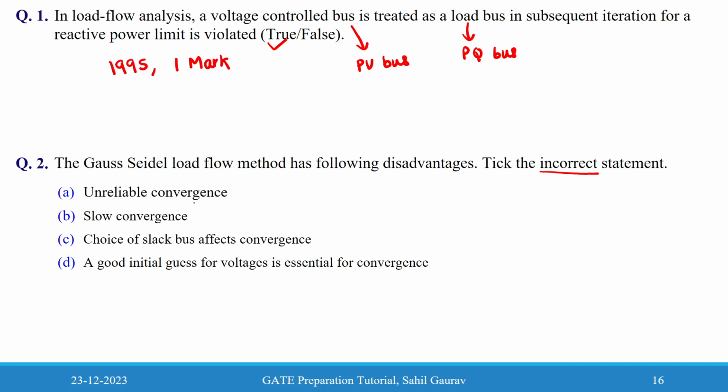Slow convergence is a disadvantage. Unreliable convergence is also a disadvantage. Choice of slack bus also affects convergence. These are all disadvantages of the Gauss-Seidel load flow method.